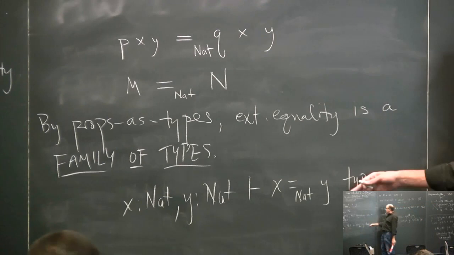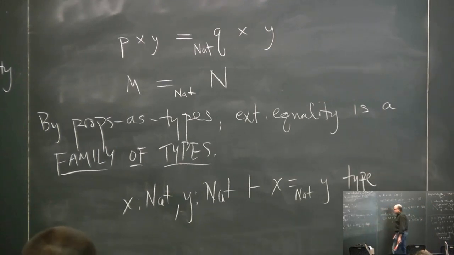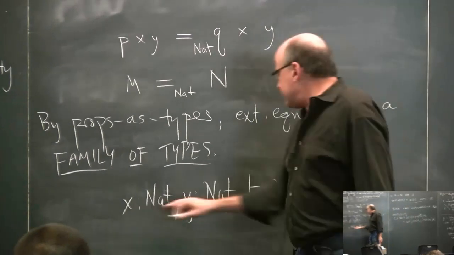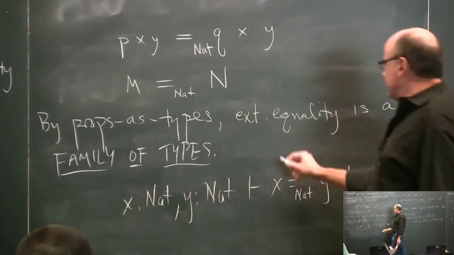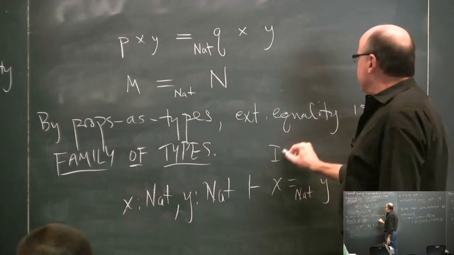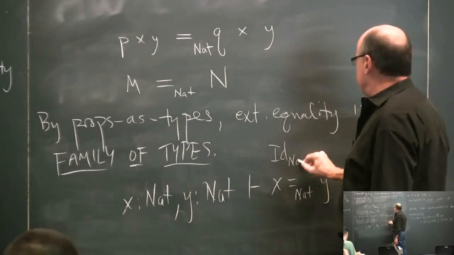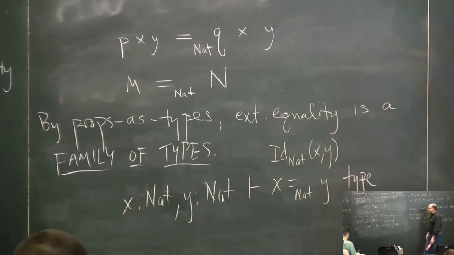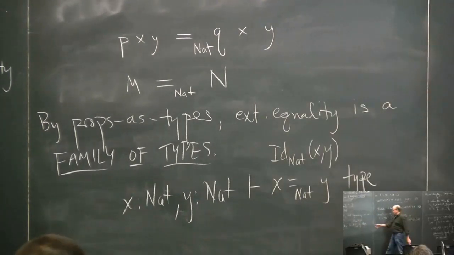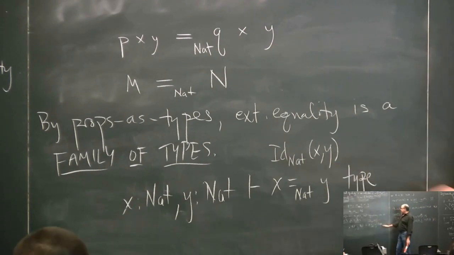So I could have called them props, or just as well call it prop or call it type. The idea is that this is saying, for every x and y, this expression here, which sometimes for reasons of notational regularity is written identity xy, is a type.